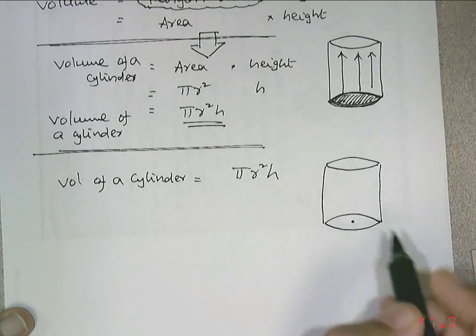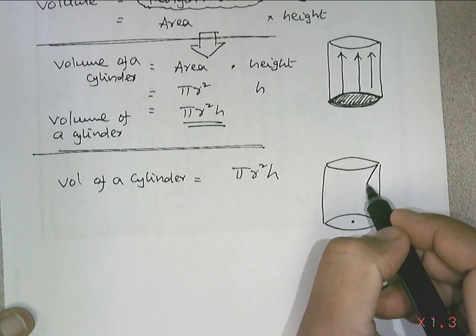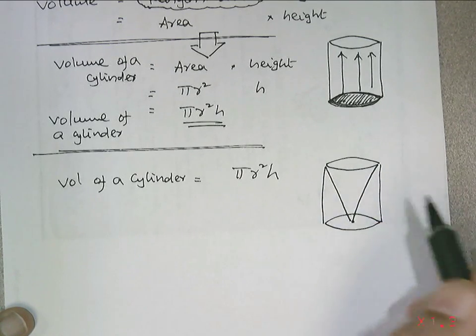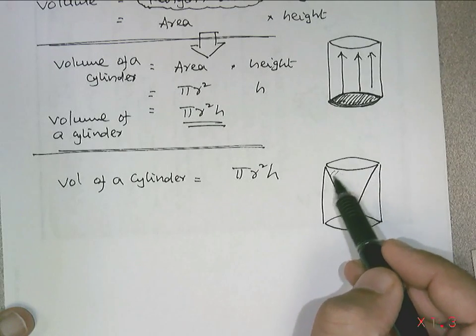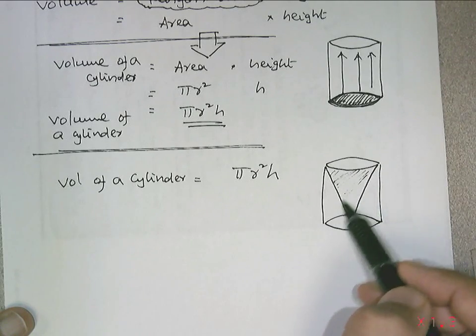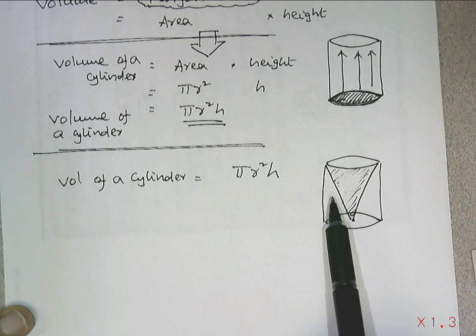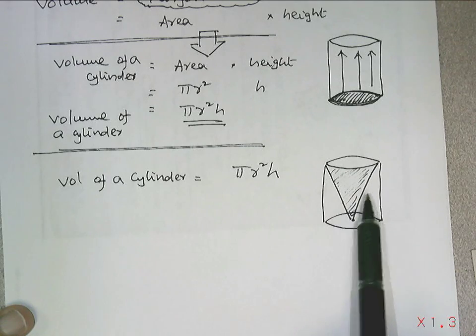Now here if I am drawing, this part looks like this one is a cone, this one is a cone. It may appear that these three parts are not the same.